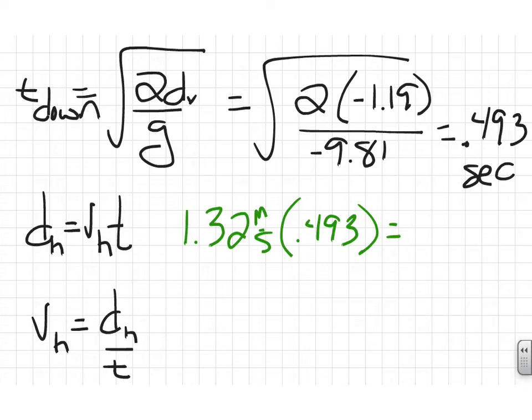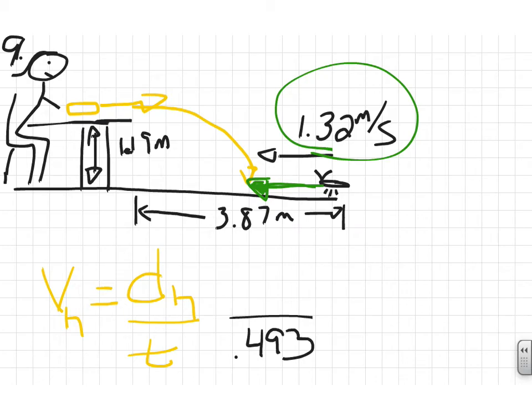So if we take that times the 1.32, we find that he runs 0.65 meters closer to you in the time it takes the calculator to fall.